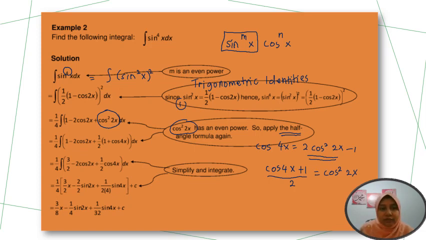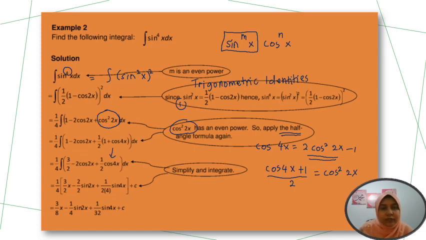Then we expand this function. We have this function 1 over 4 integrate 3 over 2 minus 2 cos 2x plus cos 4x over 2.